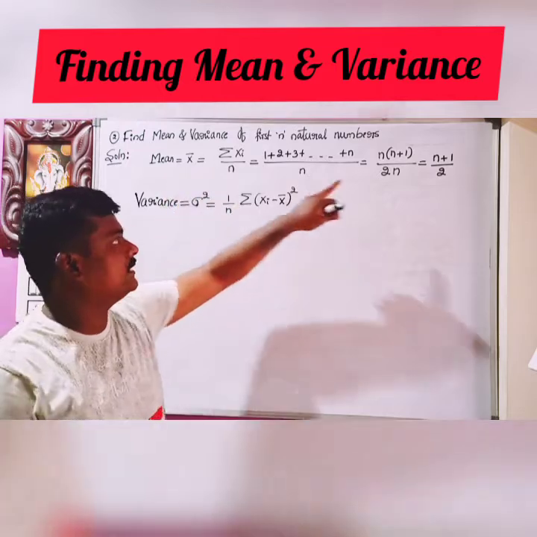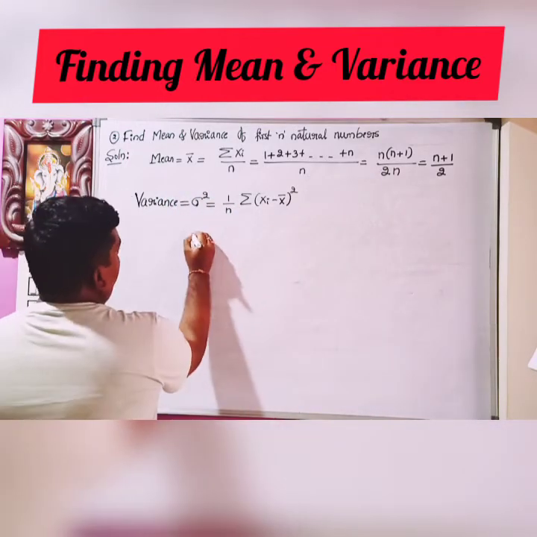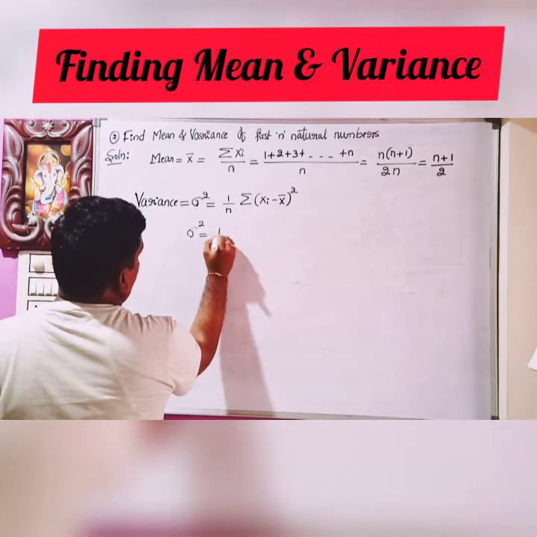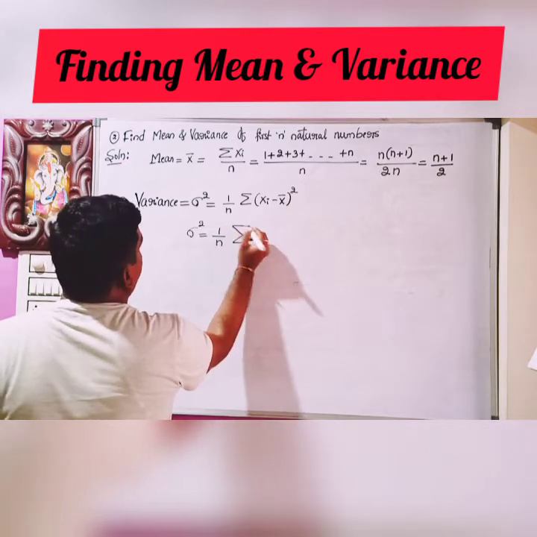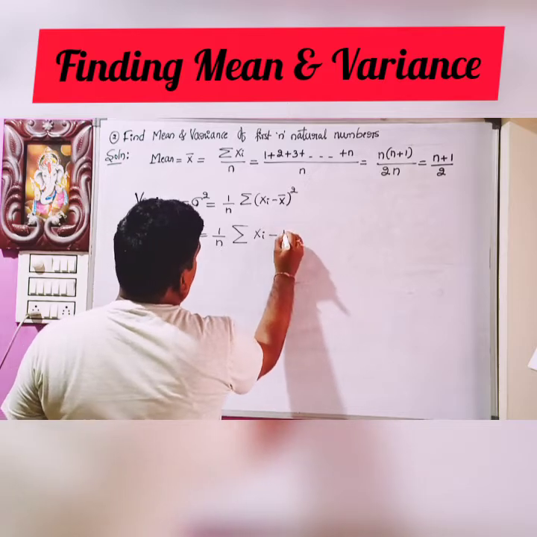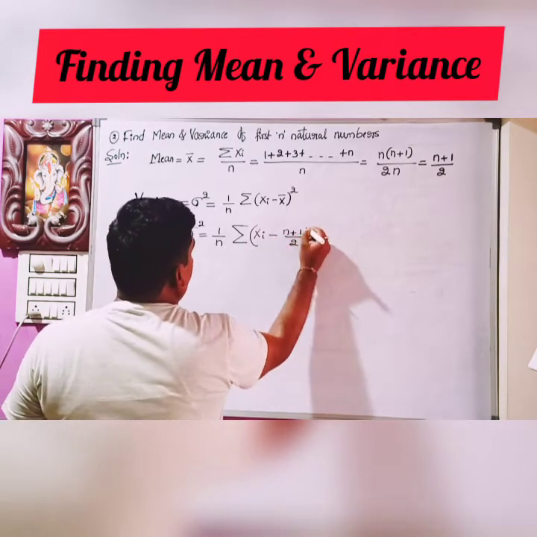What is x bar? We have to substitute n plus 1 by 2. So sigma square is equal to 1 by n summation of xi minus n plus 1 by 2, whole square.